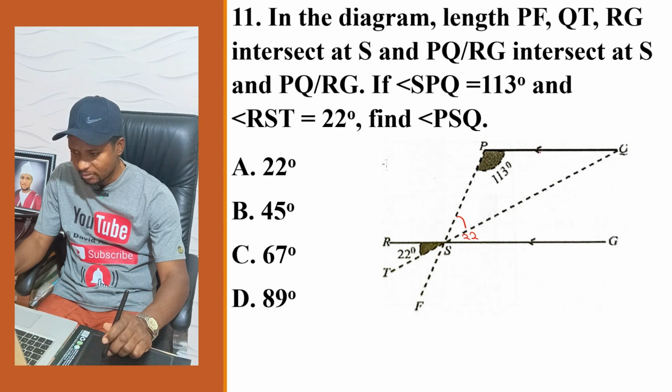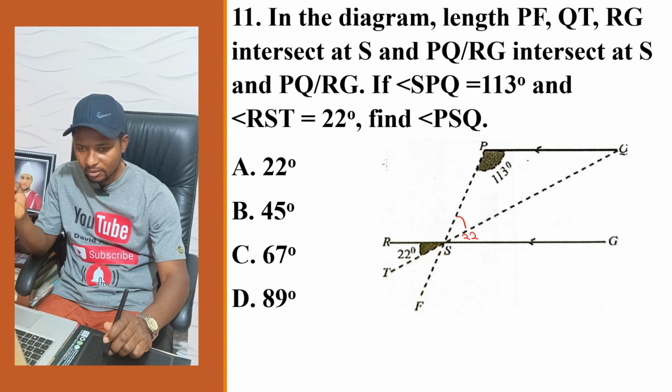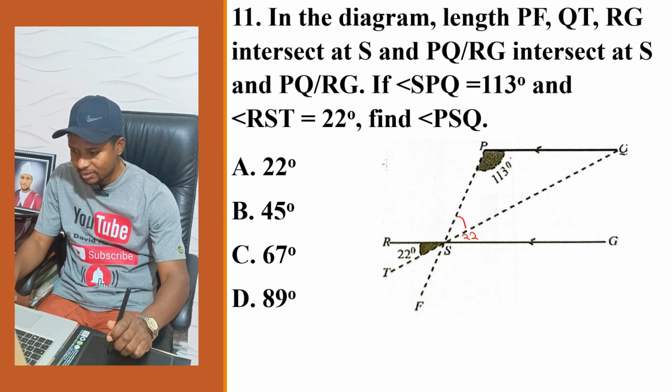So anytime you see a parallel line, you always watch out for either vertically opposite angles, corresponding angles, or alternate angles. So what I can see here is an alternate angle. I can see the whole of this place is 113. That's a Z angle.